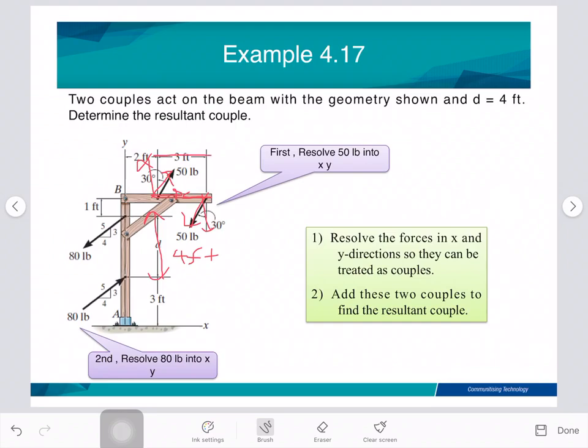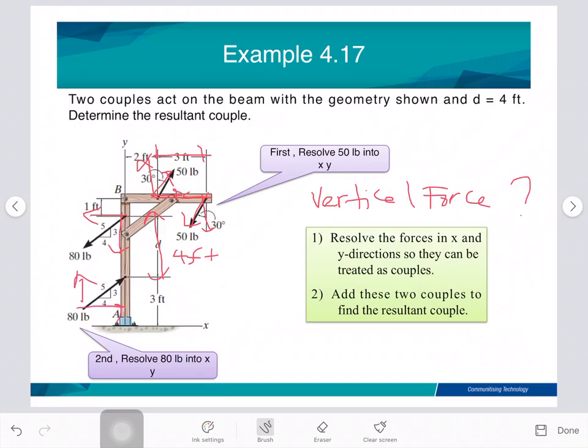So the distance is 3, so definitely we can choose the vertical forces, right? You need to determine the value for the vertical forces. And then for this one you need to resolve into vertical and horizontal.